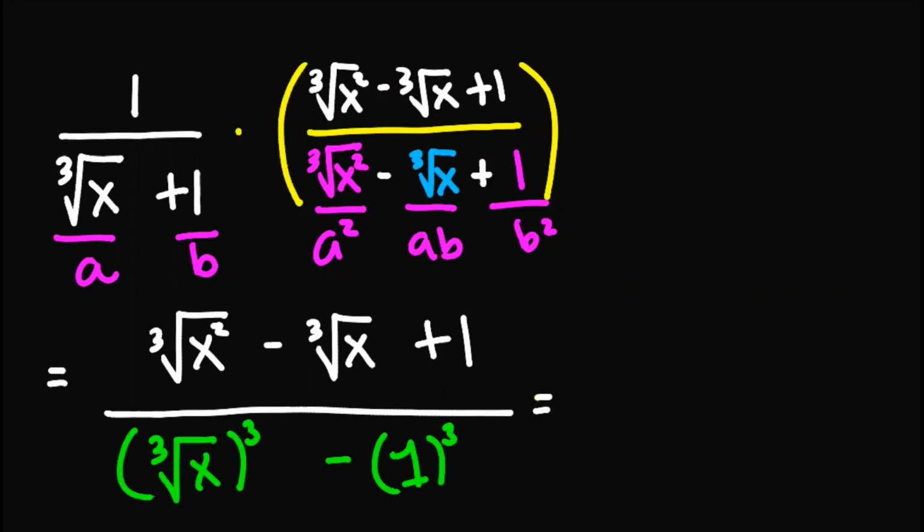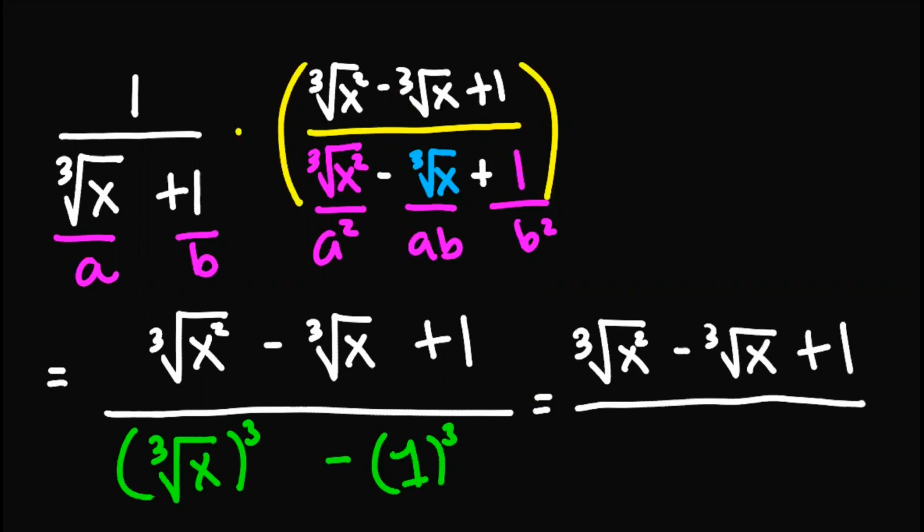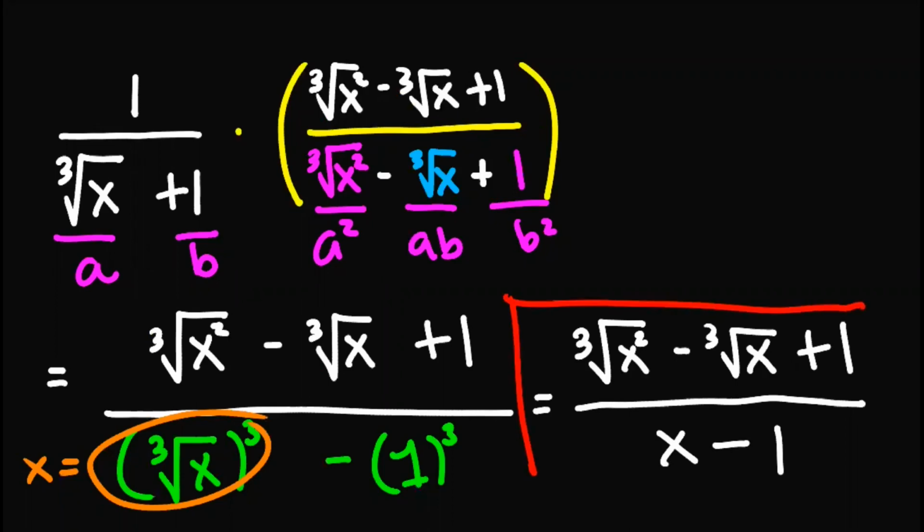This simplifies into cube root of x squared minus the cube root of x plus 1 over this one out here is equal to x. So we've got x here, and 1 cubed simply 1. And now we have rationalized the denominator in this example. So this one out here is the answer.